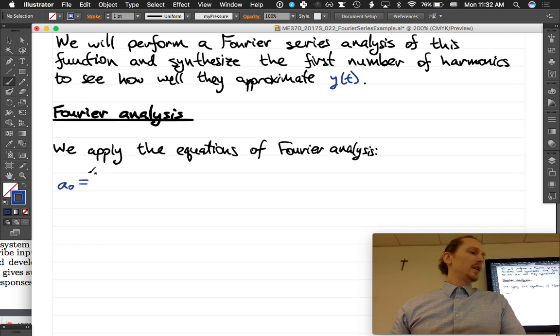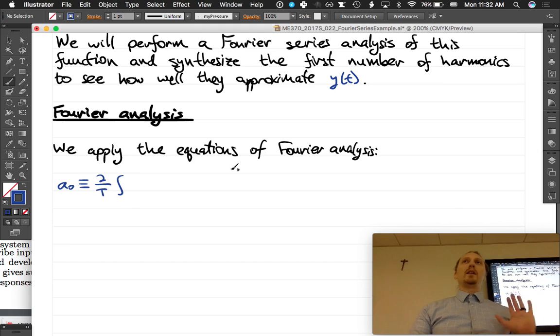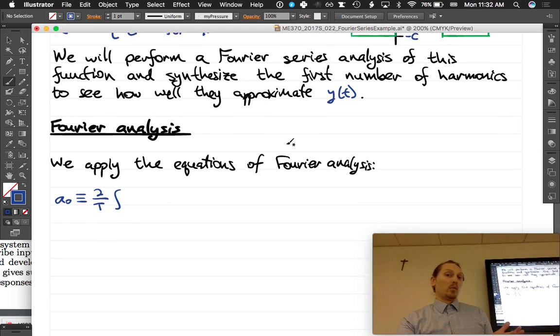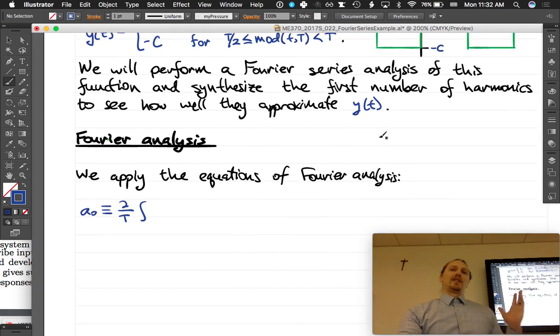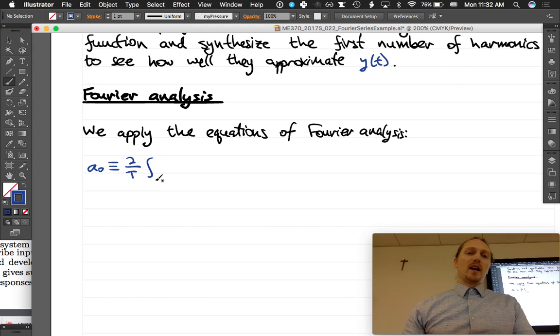So a0 is defined as being, from the equation, 2 over T integral from, you can integrate over any period, okay? So the period I'm going to choose is from negative T over 2 to T over 2. You could choose 0 to T if you want. Doesn't matter.